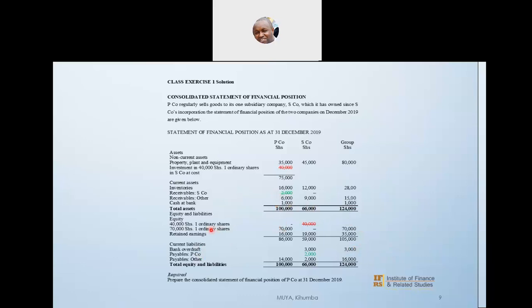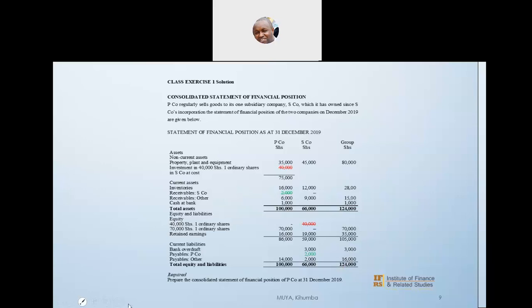Then we come to equity. For equity, we only show the one for the parent. In any event, the other one cancelled. That's 50,000. We add retained earnings, that figure, and we add up all those other items that were not cancelled out, like these 2,000 and these 2,000.